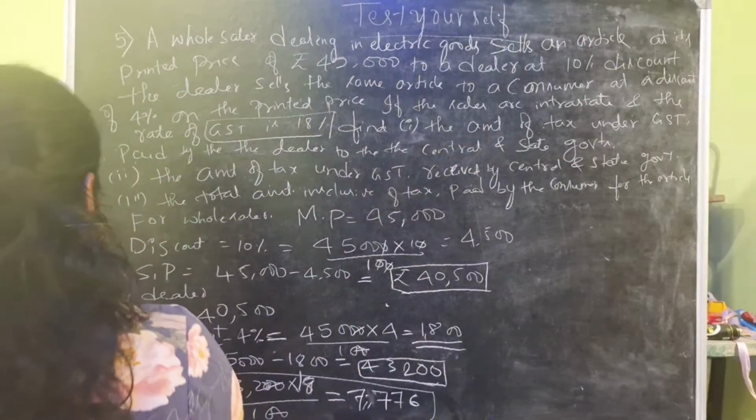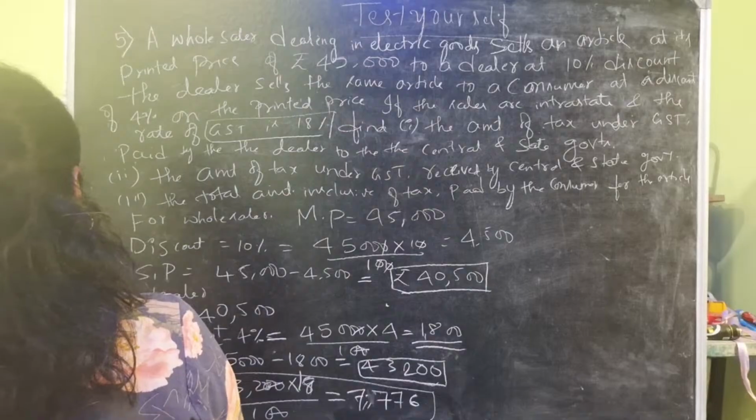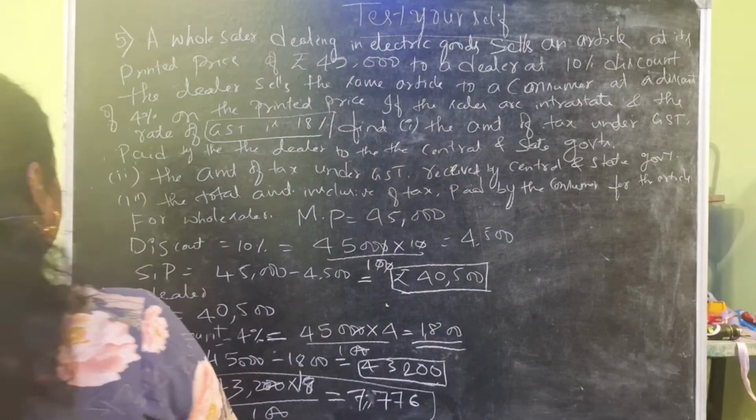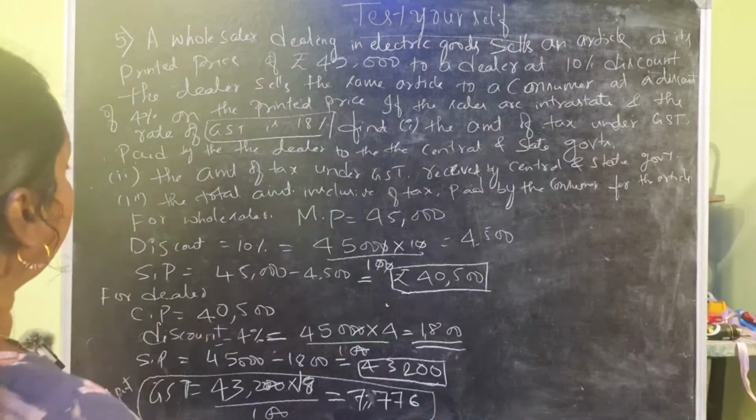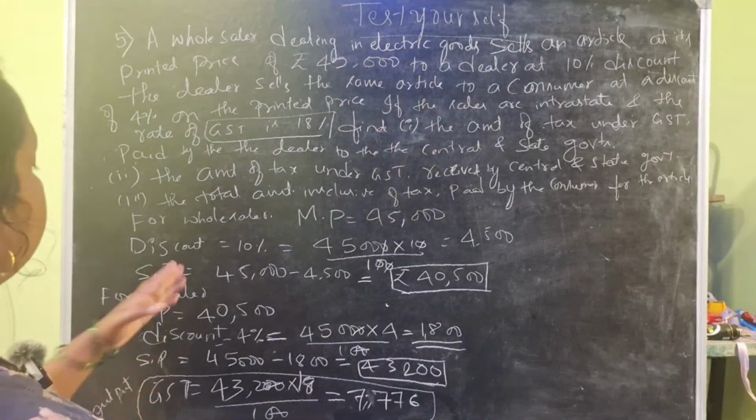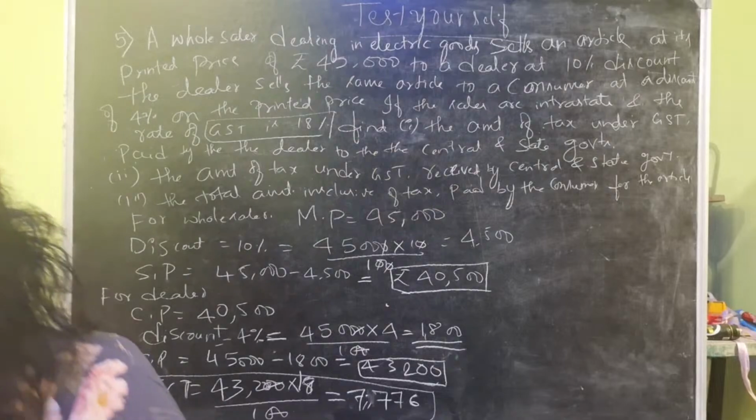So this is the output tax. That means the output tax or the GST amount for the dealer.